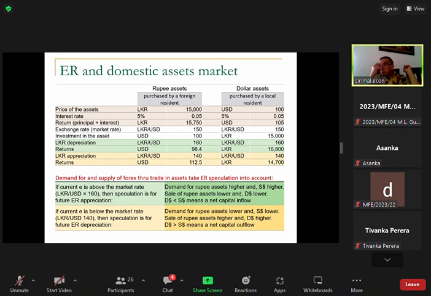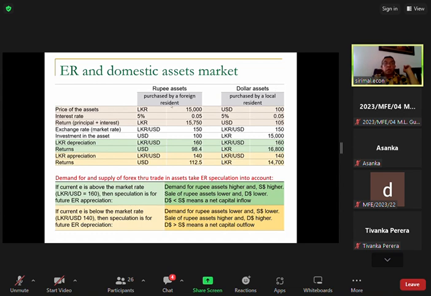We can take a bond, a domestic asset market. So there are actually two cases. One is foreigners buying our rupee assets, that is this column, and locals buying foreign assets, that is the second column.